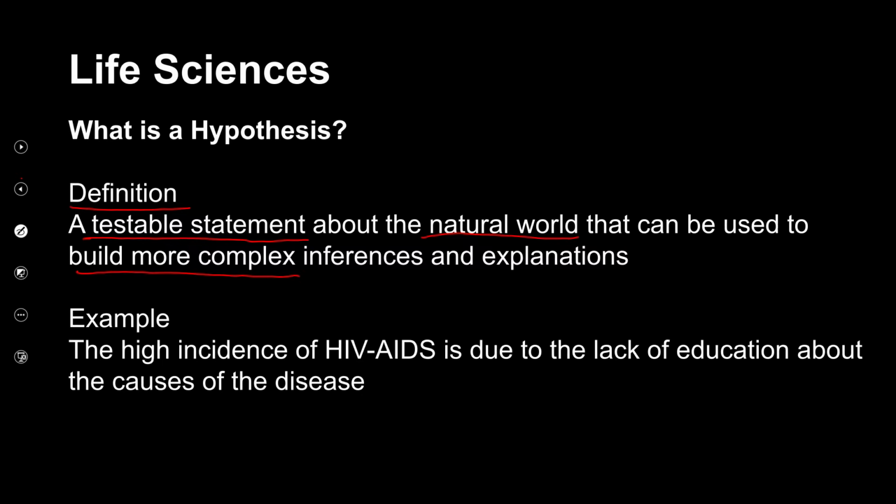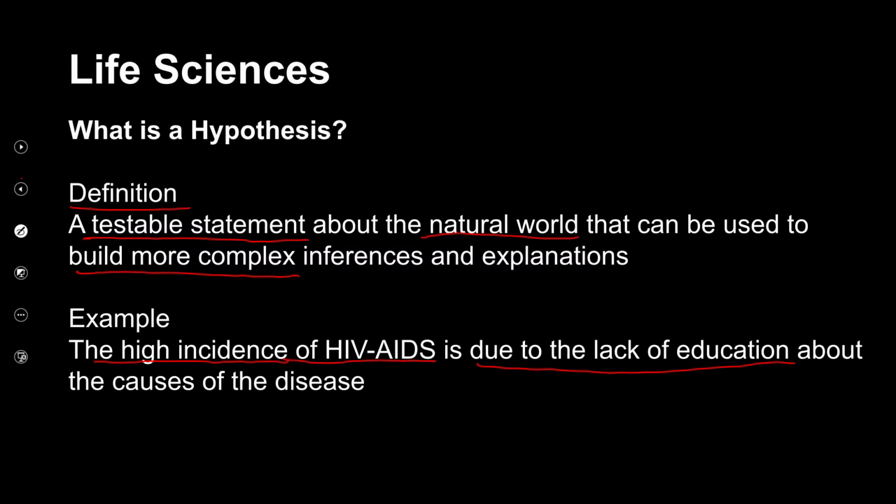Let's have a look at an example here. We might say the high incidence, in other words, there are a lot of people infected with HIV. The high incidence of HIV and AIDS in the world may be due to a lack of education.